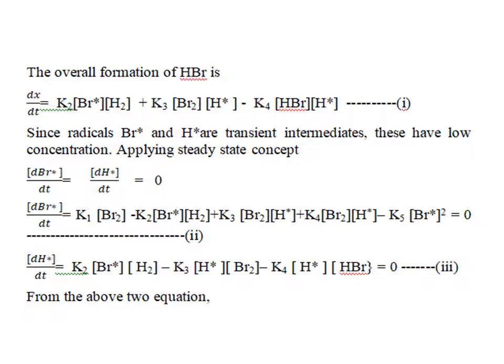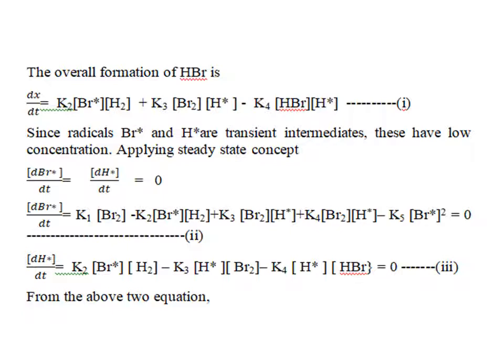It is equal to k2 into concentration of [Br*] into concentration of [H2] minus k3[H*][Br2] minus k4[H*][HBr], that is equal to 0. This is equation number 4.